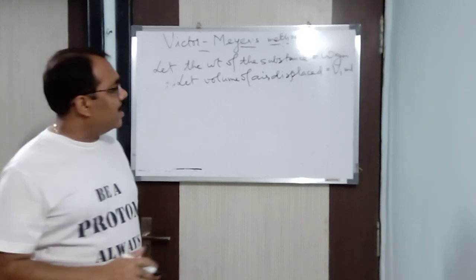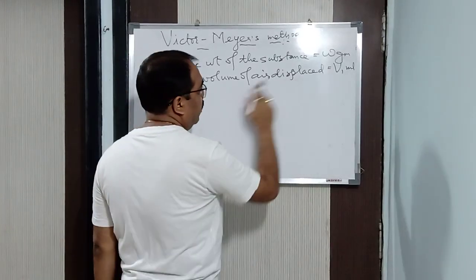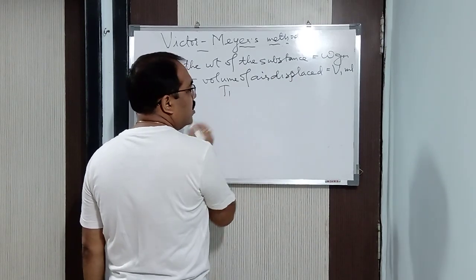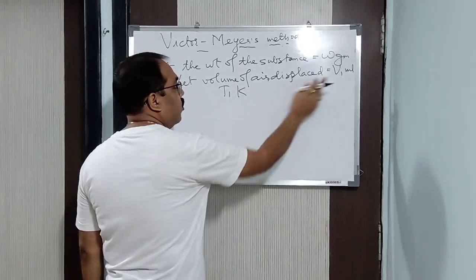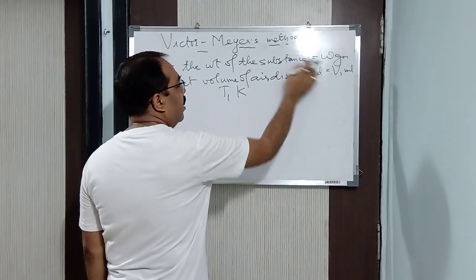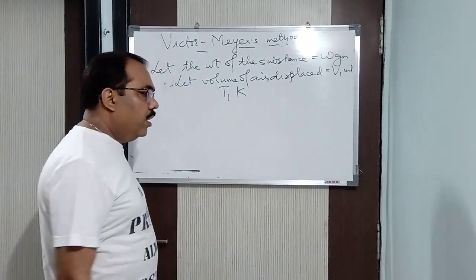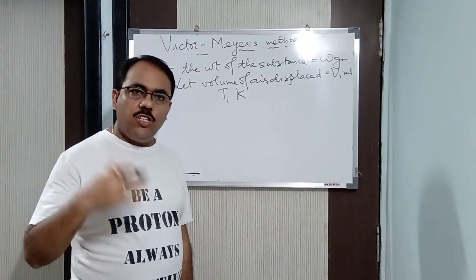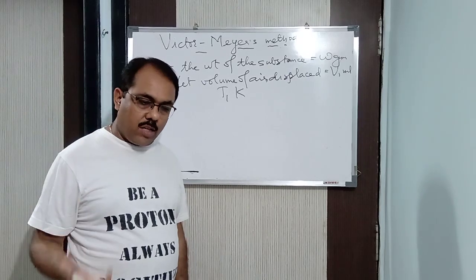Now, let us say the volume of air which is displaced is V1 ml, at temperature T1 Kelvin. Got it? Volume is V1, temperature is T1 Kelvin, and the weight of the substance is W gram. Next is the volume of air which is displaced and which you are collecting over water.